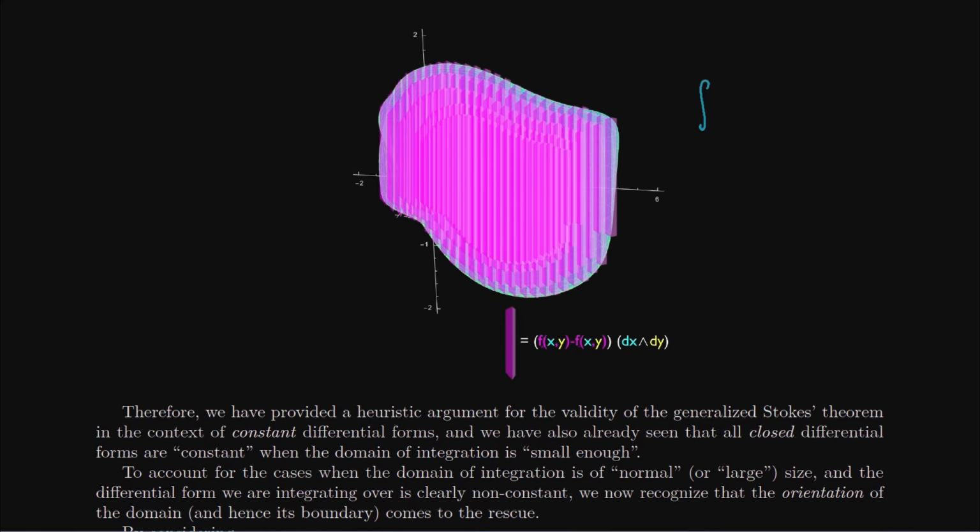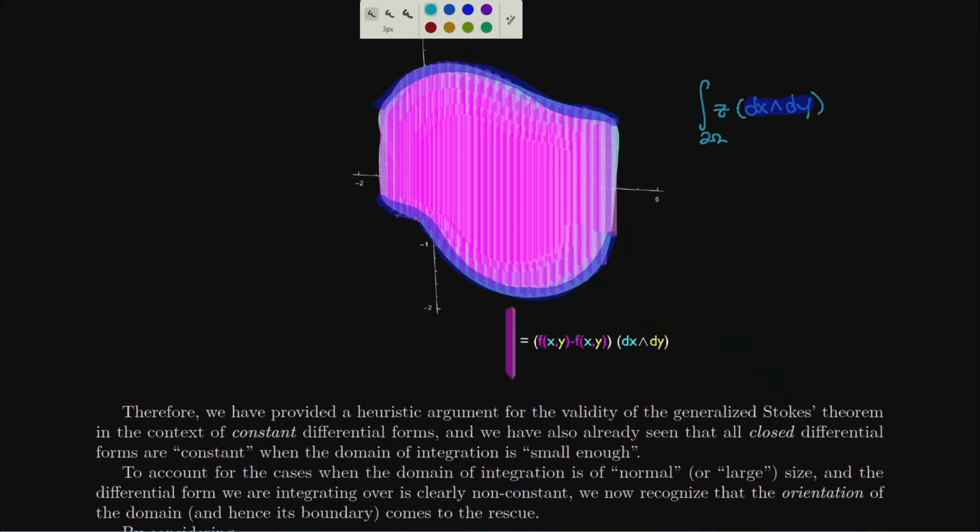So this is really the integral of z times dx wedge dy over the boundary of the domain. Why is it just over the boundary? Well, let's ask where dx wedge dy actually exists on this plot. It only exists up here, right? The face of these columns only exists at the top, and it only exists at the bottom of this shape. It doesn't exist on the interior, right?